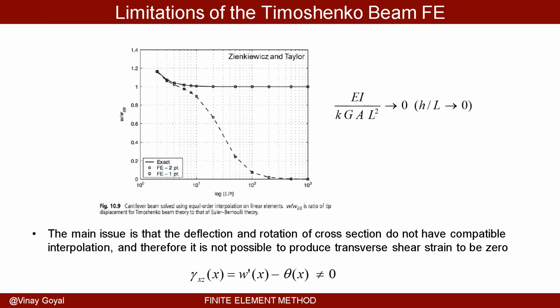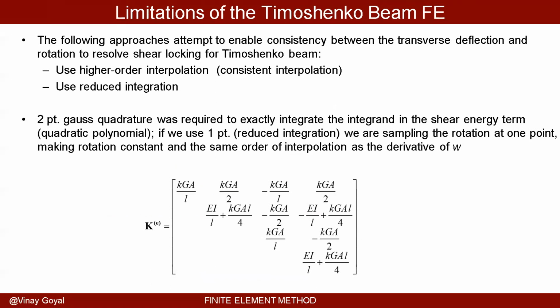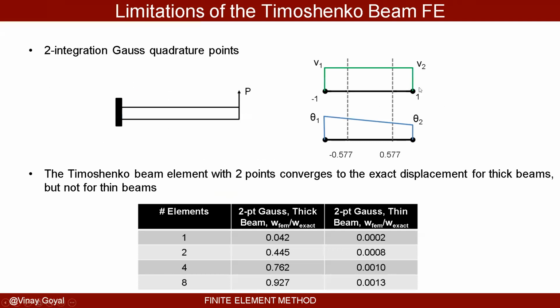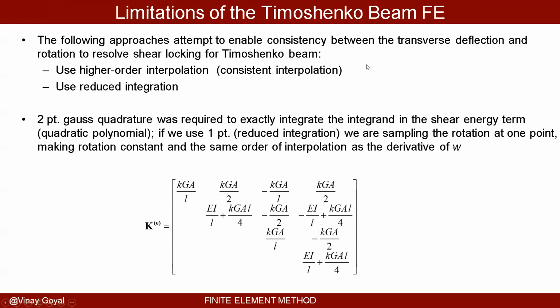I needed 2-point integration because I have a quadratic polynomial. But I'm showing you how 2-point in this case did not work out, and 1-point integration did a better job, although it's less accurate integrating. Why is that? It's because I'm now sampling somewhere in between here, and so I'm able to then get there.